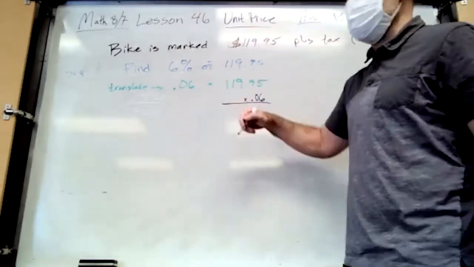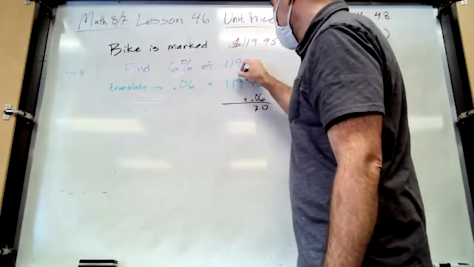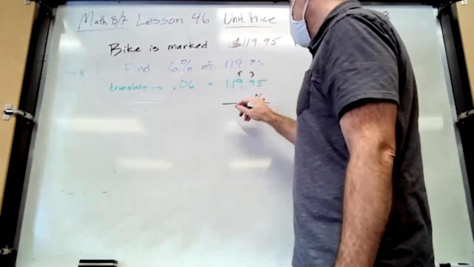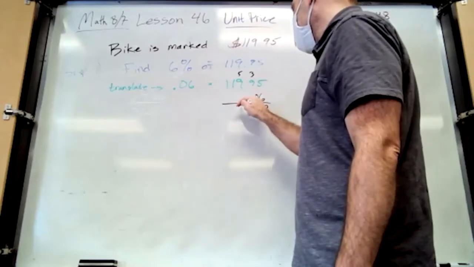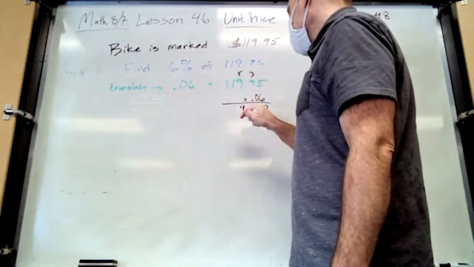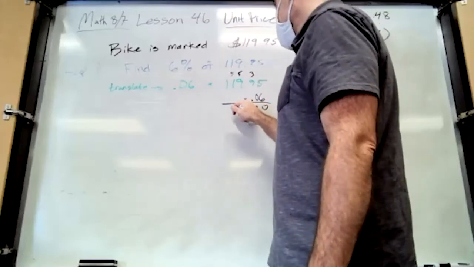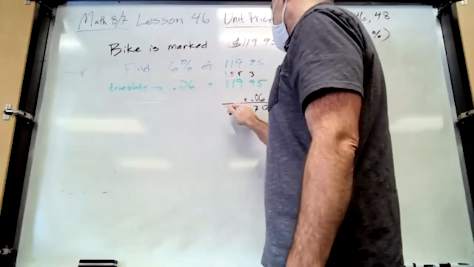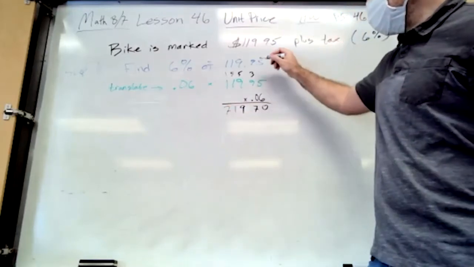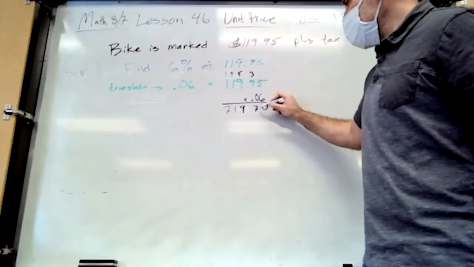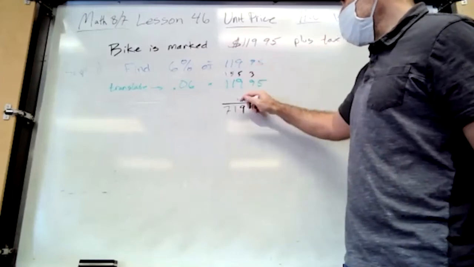So 6 times 5 is 30, carry the 3. 6 times 9 is 54, plus 3 is 57. 6 times 9 is 54, plus 5 is 59. 6 times 1 is 6, plus 5 is 11.